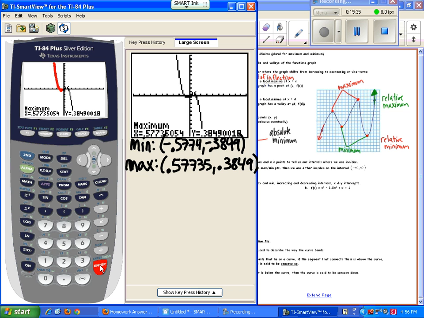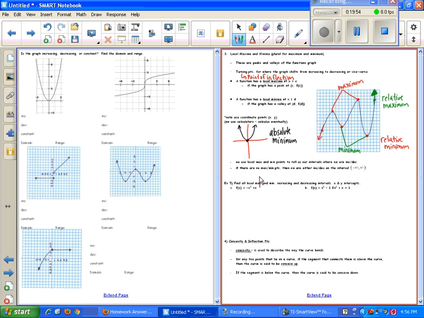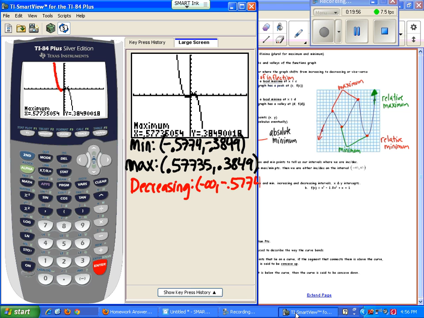They are decreasing. So for the first part of my graph, I'm decreasing on the interval. And again, don't forget you're using your x values, so negative infinity to the x value of my minimum point, negative 0.5774.